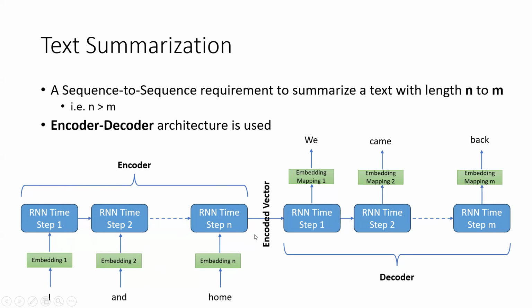And then we have got the encoded vector here, right? We have passed it into another sequence of RNN units, which is also trained for this kind of summarization. So it can give the summary which was encoded in this vector in a fewer number of words, right?